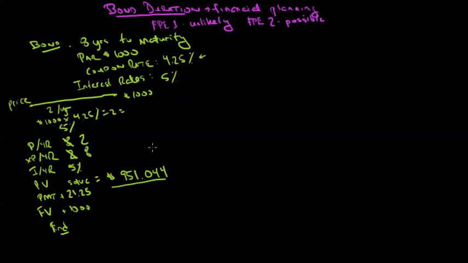Now that we know that, let's have a look at a little bit of a what-if scenario. My what-if here is what if interest rates change? Let's say that interest rates go up to 6%.